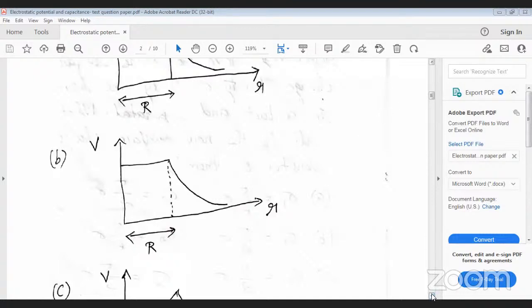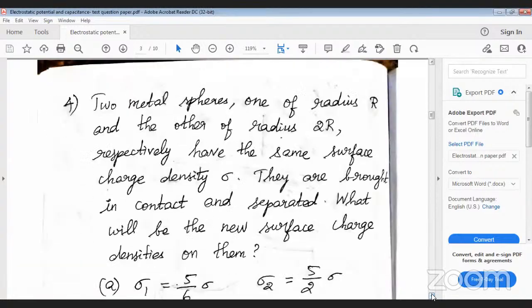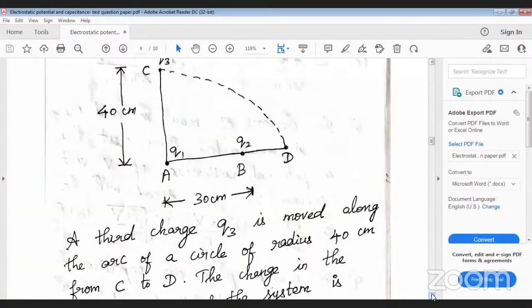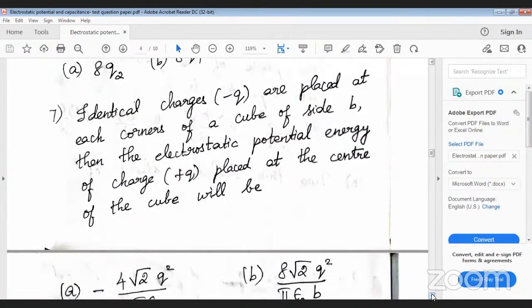So first of all, we shall see the question now. Here you have identical charges minus q placed at each corner of a cube of side B. Then the electrostatic potential energy of a charge plus q placed at the center of the cube will be.